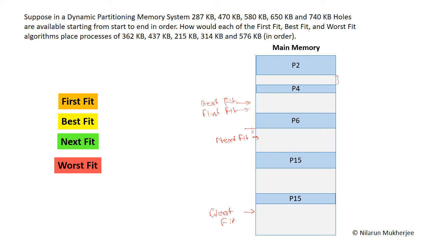So this is the 287 kb hole, this is the 470 kb hole, this is the 580 kb, this is 650 kb, and this is 740 kb.